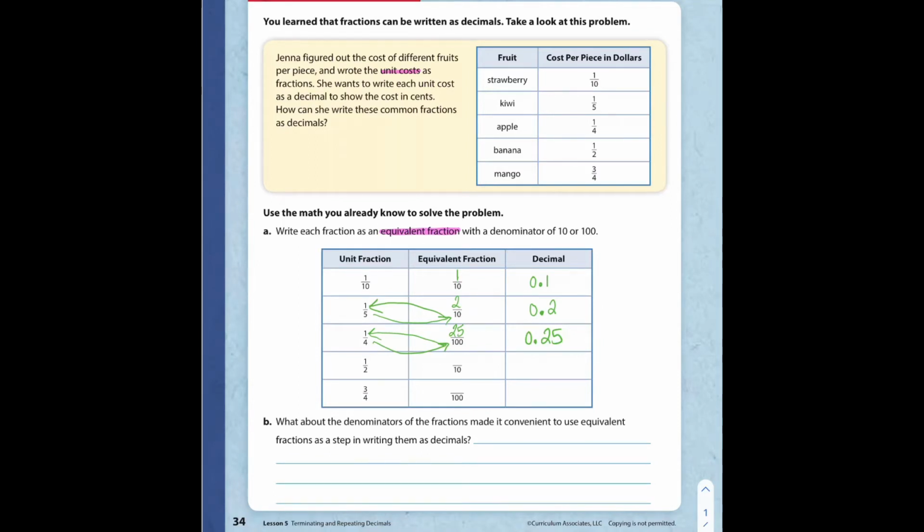1/2 we can write with a denominator of 10 because 2 will go into 10 evenly. 2 goes into 10 5 times, and 5 times 1 gives us a numerator of 5.